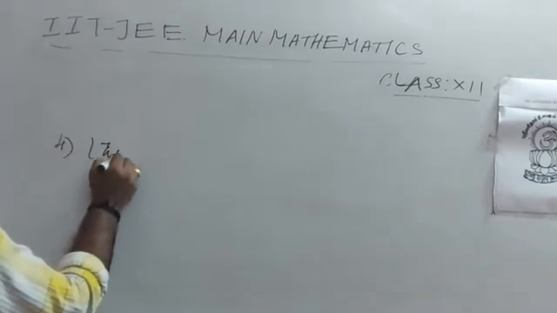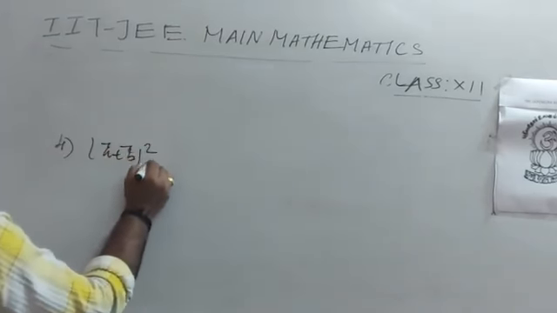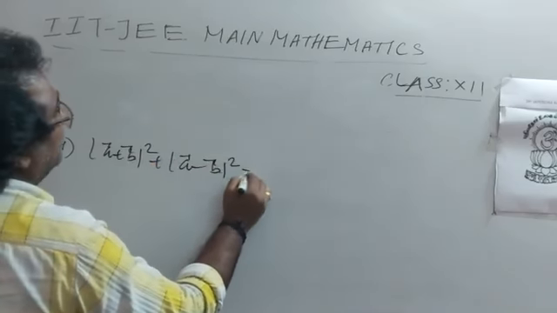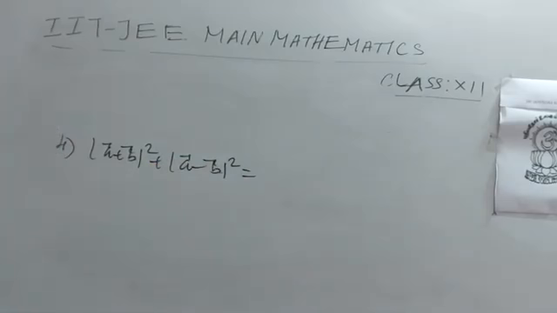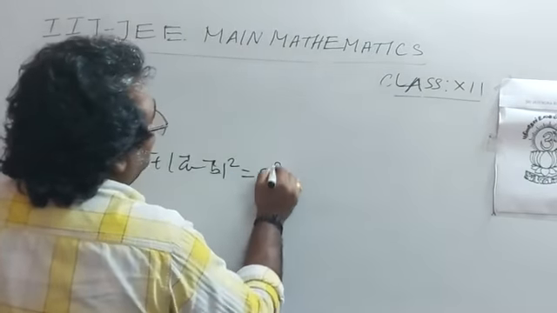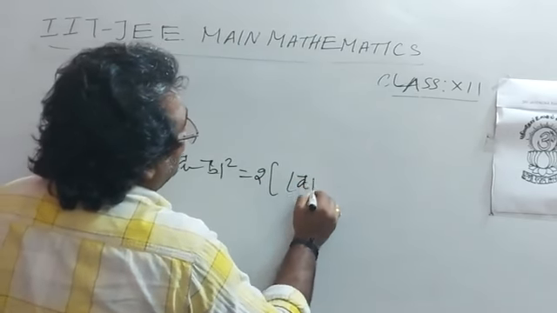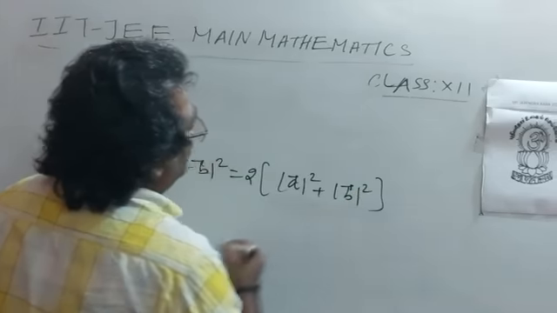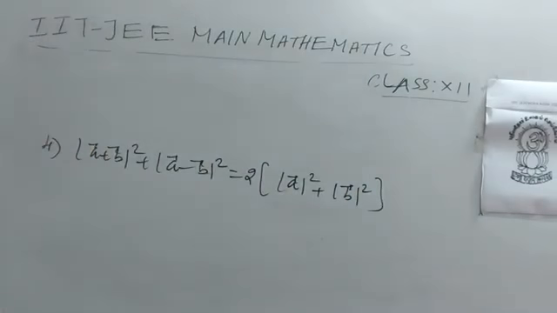Modulus of A vector plus B vector the whole square plus modulus of A vector minus B vector the whole square equal to twice modulus A vector square plus modulus B vector squared.